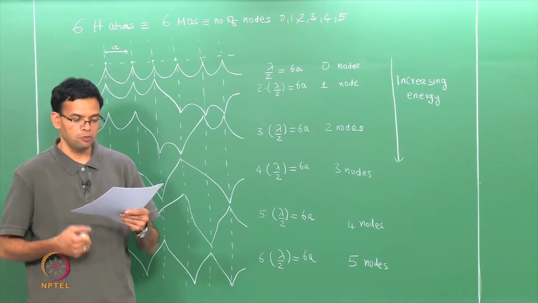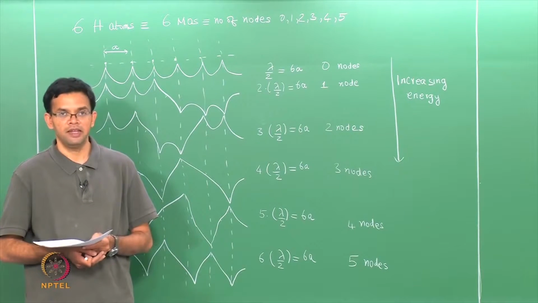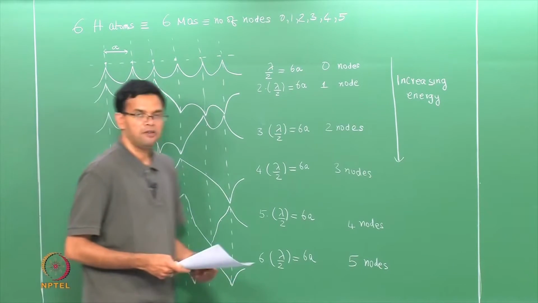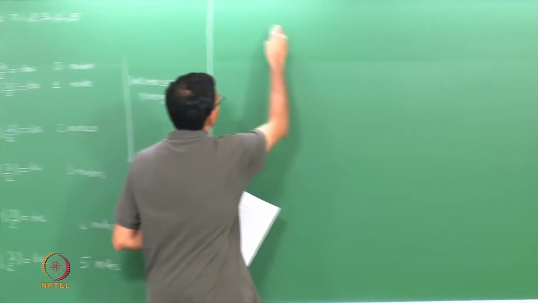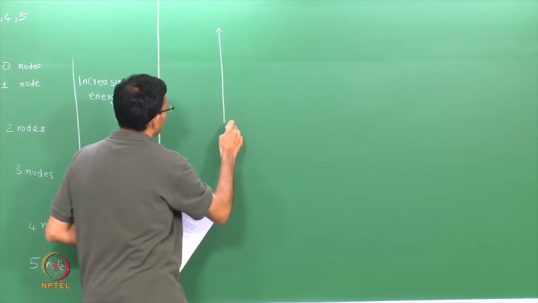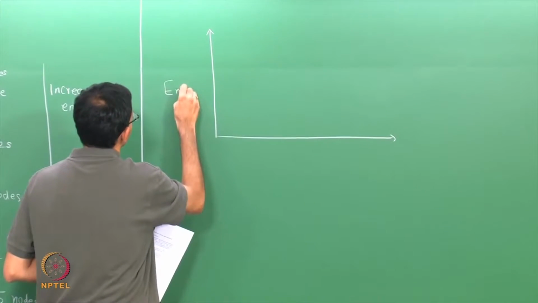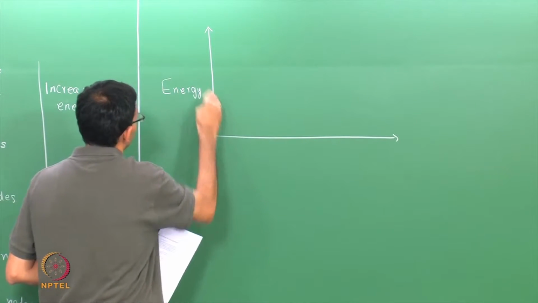We also want to plot a qualitative energy versus bond length curve for this system. That we have already seen in class. We can draw these energy versus bond length.